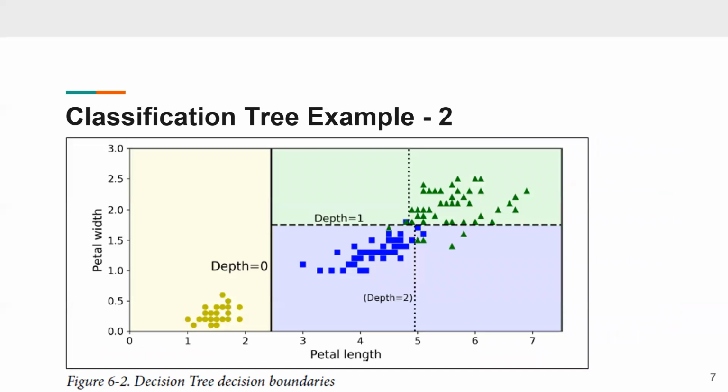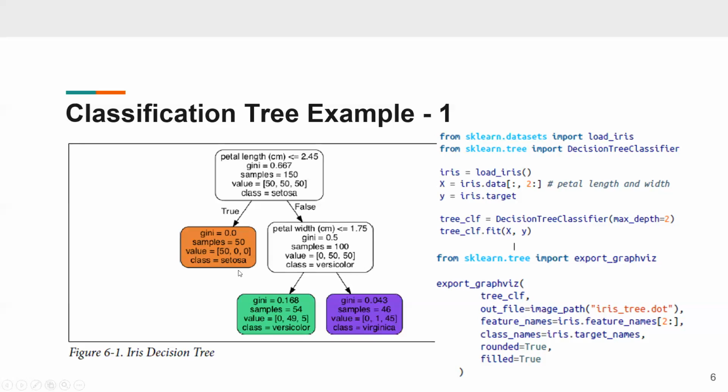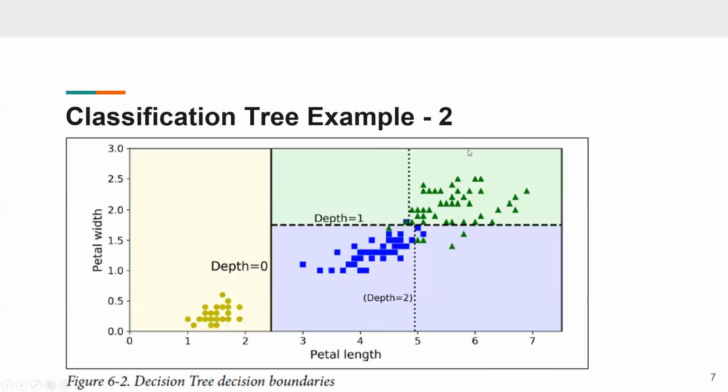Here you can see the decision tree's decision boundaries representing the same thing. The first split happens here, so that we can separate the first category of flowers, which is setosa, versus the rest.